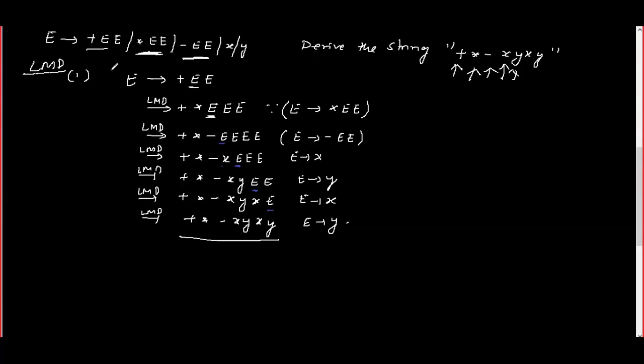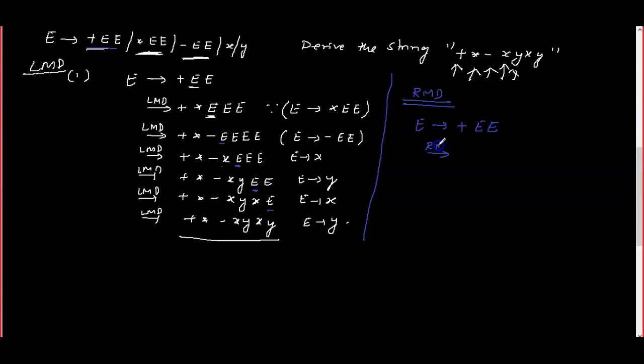Now you have something to do from the RMD. Tell me, how will you do RMD? So again we need plus here. So I have to choose this first. E derives plus E E. Okay.